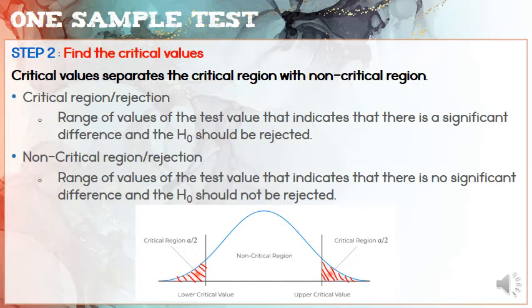If we do not reject, dia seharusnya berada di non-critical region. So, critical value is this value. Kita nak cari apa value yang memisahkan antara critical region dengan non-critical region. So that later, kita boleh buat conclusion sama ada nak reject atau tidak.